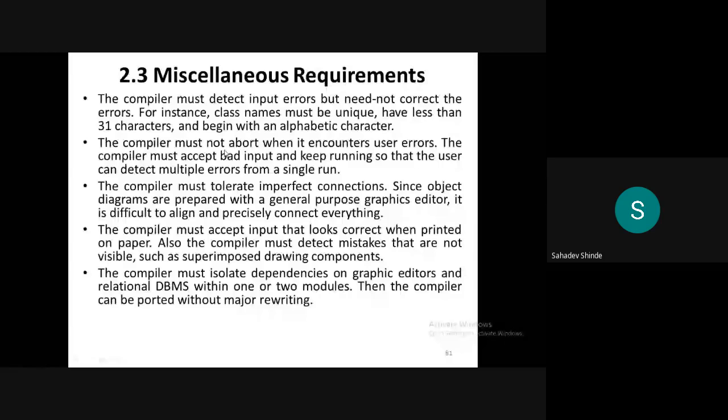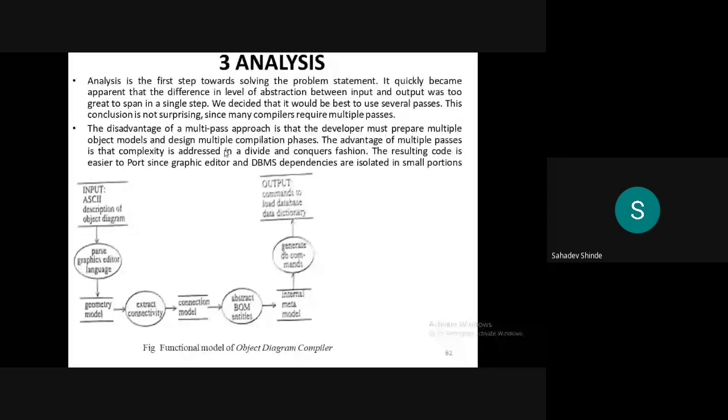This is about the analysis of the object diagram compiler. So analysis is the first step towards solving the problem statement. It quickly became apparent that the difference in level of abstraction between input and output was too great to span in a single step. So we decided that it would be best to use several passes. This conclusion is not surprising since many compilers require multiple passes.